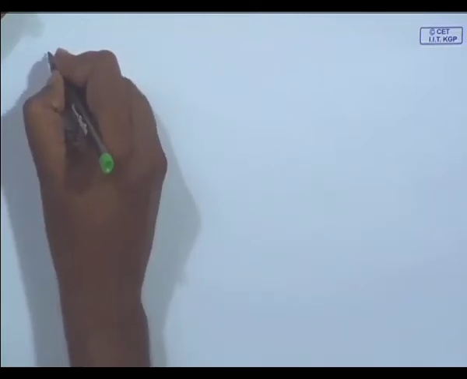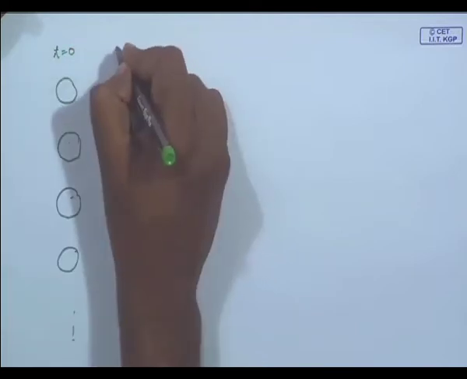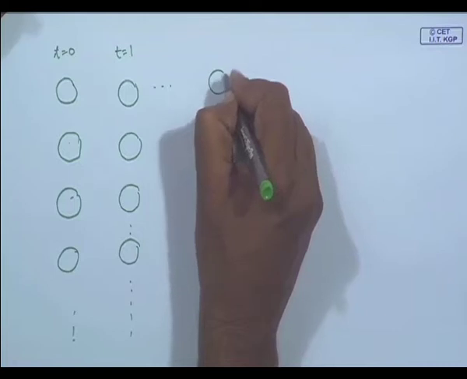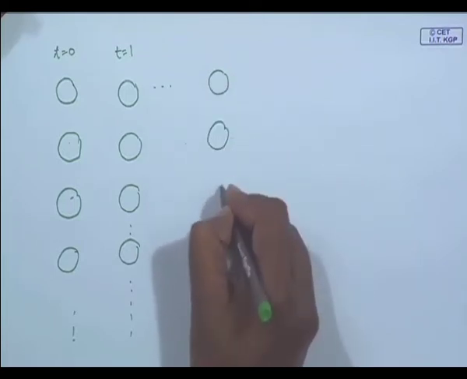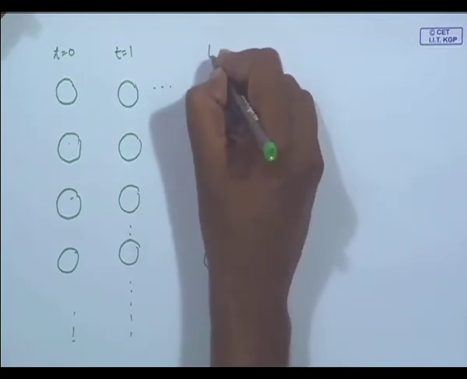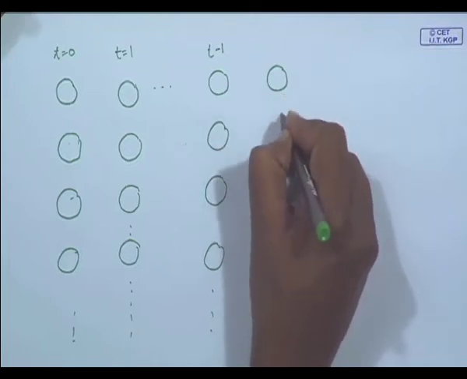So, this is the time step 0, t equal to 0, this is at t equal to 1. Similarly, this is t minus 1, and I will have time step t.